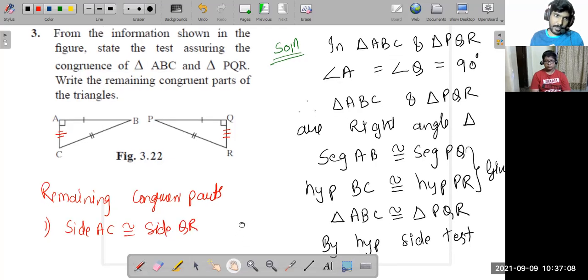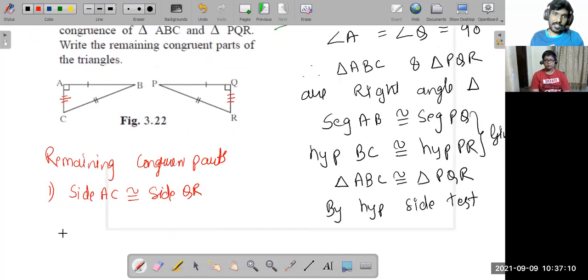After that, we'll do the angles, remaining angles. So A and Q are already equal because we know 90 degrees. So the remaining angles would be angle ABC, that is this one, congruent to angle QRP, that is this one here.